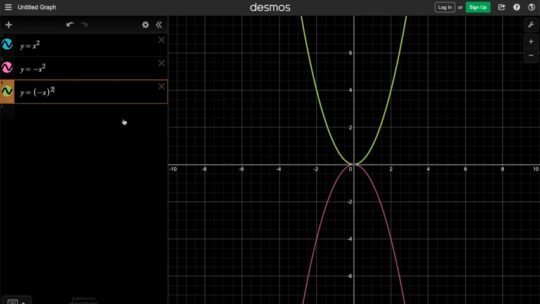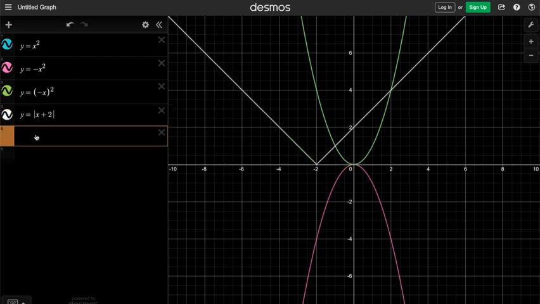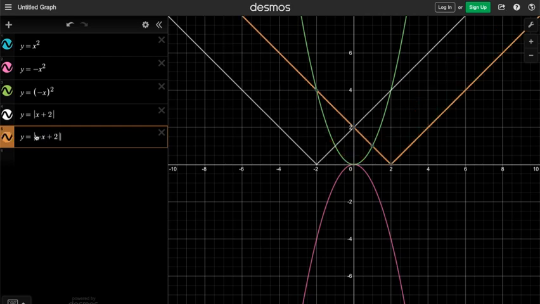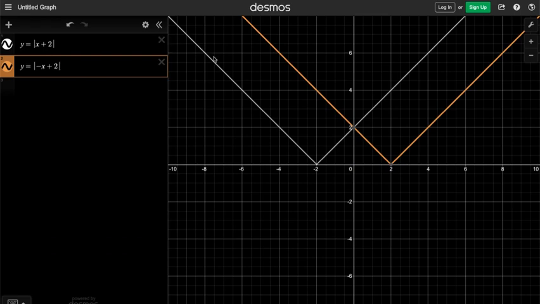Let's try to better illustrate with a different equation. For example, y equals the absolute value of x plus 2. Replacing x in this equation by -x, we will have y equals the absolute value of -x plus 2. Comparing the white and orange graphs, we will see that they are indeed reflections of each other across the mirror, the y-axis.